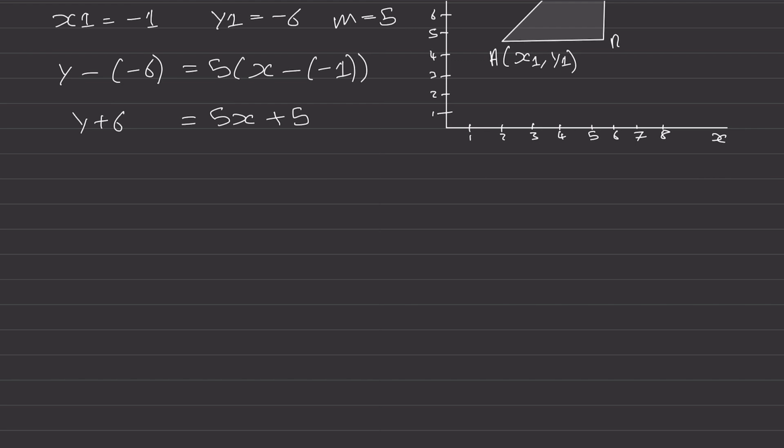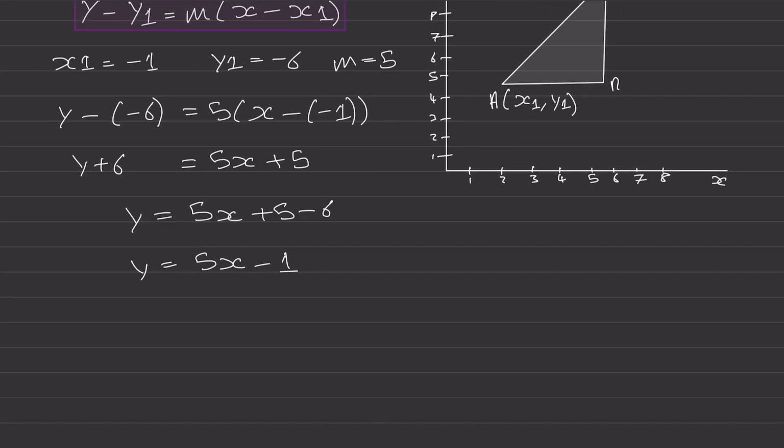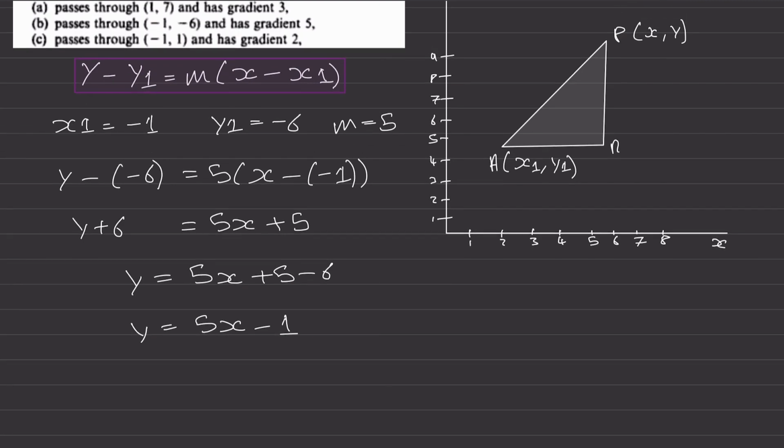If we want y on its own, we move the 6 to the right-hand side, so we minus 6 from both sides, which gives y is equal to 5x plus 5 minus 6. So y is equal to 5x minus 1. That's our final answer.